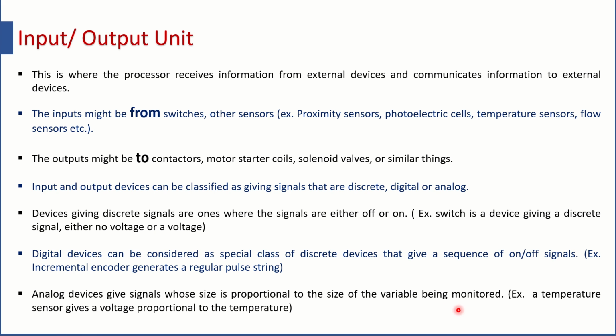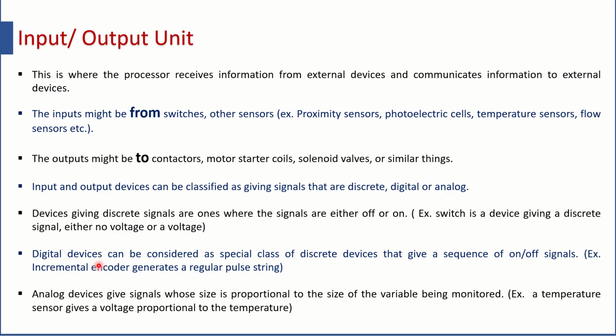When temperature is being monitored, the signal is continuously changing according to the size of the parameter. So when the physical parameter changes, the signal changes accordingly. This is the purpose of an analog device. An example is a temperature sensor whose output is a voltage, and the voltage is proportional to the temperature that the sensor is sensing.